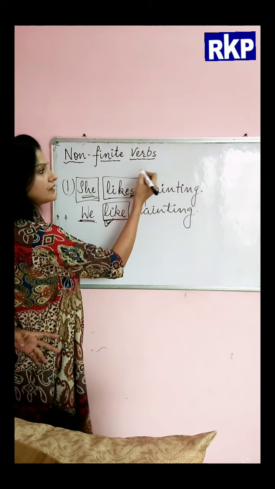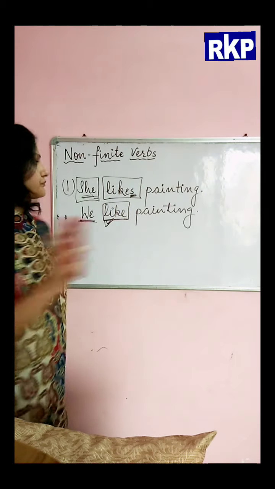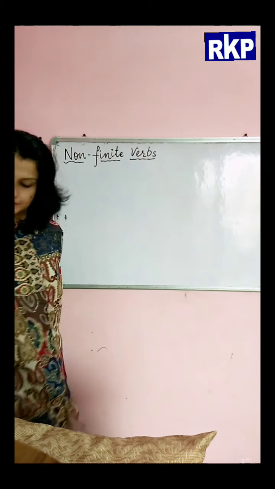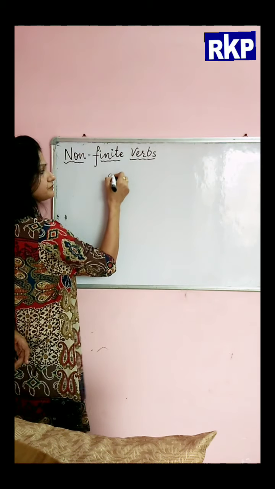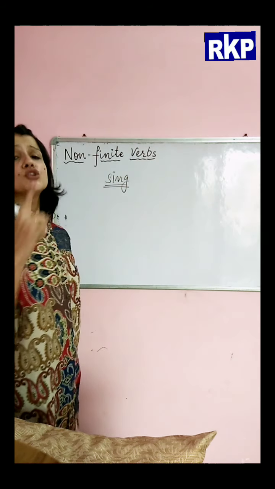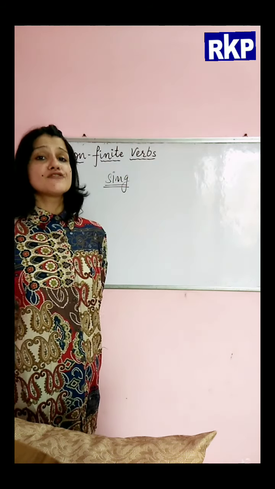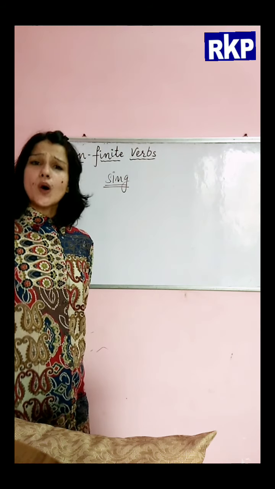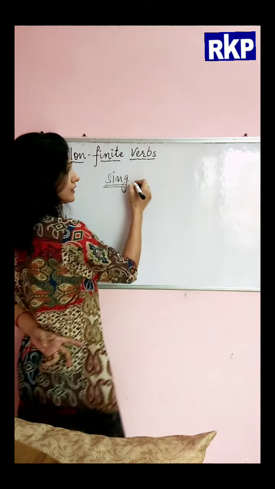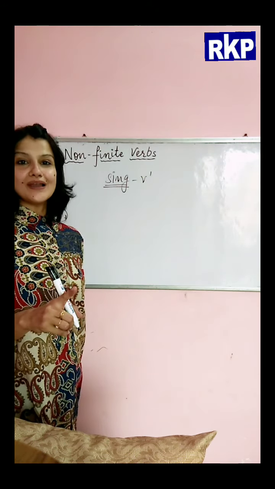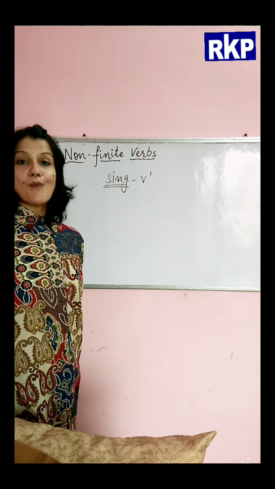For example, let's take sing. This is known as base form of verb also. Okay, we call it as V1. Okay, that is first form of verb, and we also call it as base form of verb.